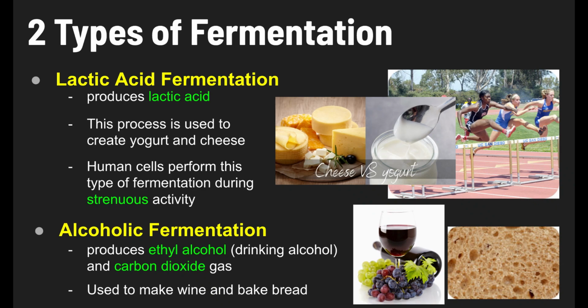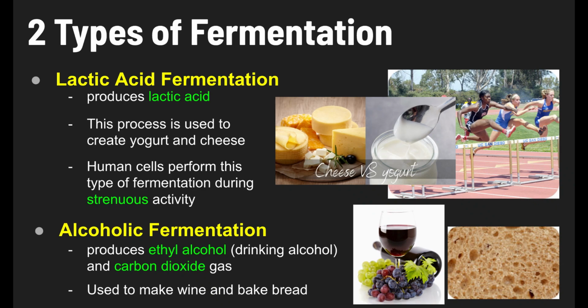So they produce ethyl alcohol and carbon dioxide. So when you're baking bread, ethyl alcohol and carbon dioxide is being produced. The carbon dioxide is a gas that rises, and that's what causes the bread, the dough, to rise, and it creates these little air pockets full of carbon dioxide, and that's what you see in the bread.